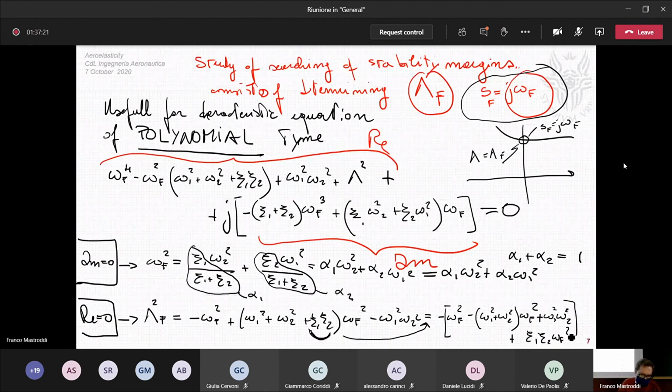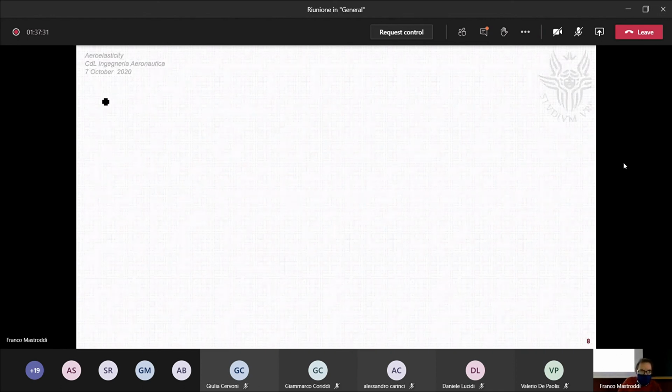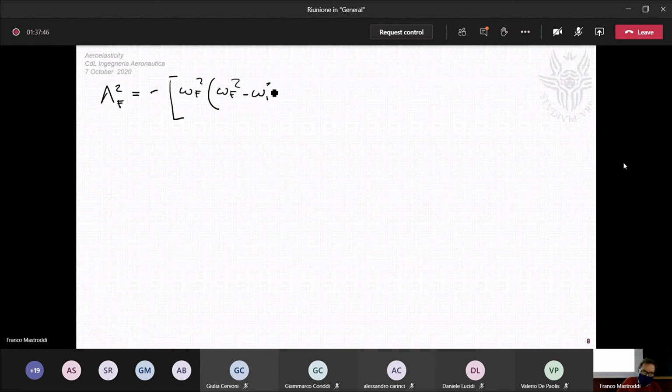I want to manipulate this quantity a bit. In particular, here, this part in this bracket can be further developed just this way. I can write that quantity in this way: minus, look, omega flutter square by omega flutter square minus omega 1 square minus omega 2 square, multiplying again omega flutter square minus omega 1 square.